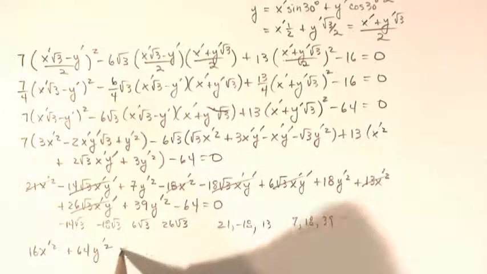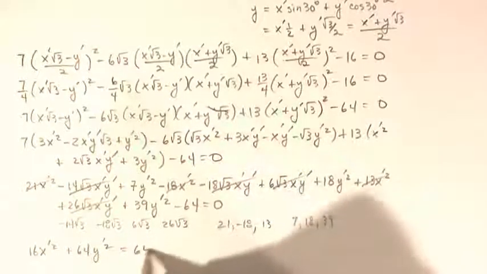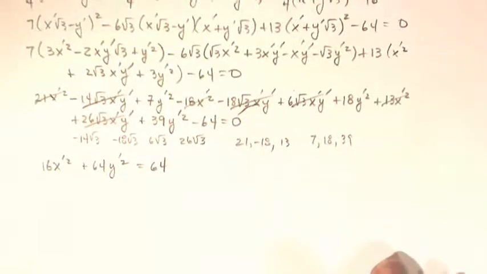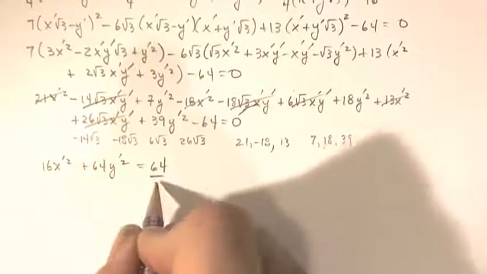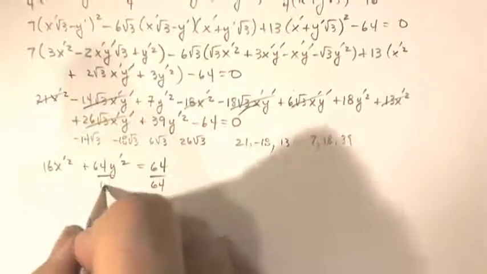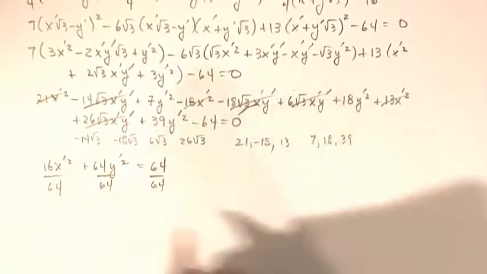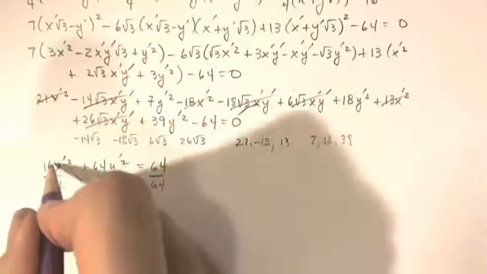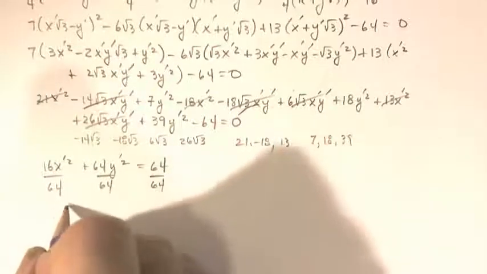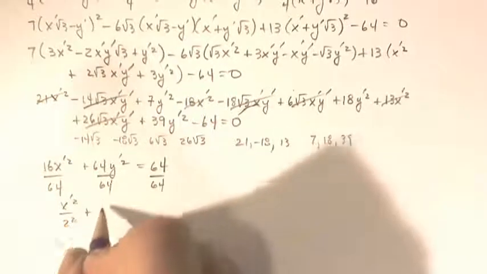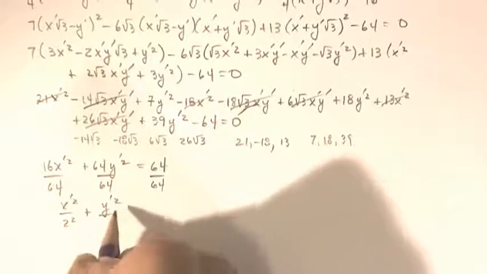Let's move it to the other side of the equation. It is 64. And oh my god, look at how much disappeared. Almost everything is gone. If we divide by 64, we get 16 into 64 goes 4, x primed squared over 2 squared, plus y primed squared over 1 squared equals 1.